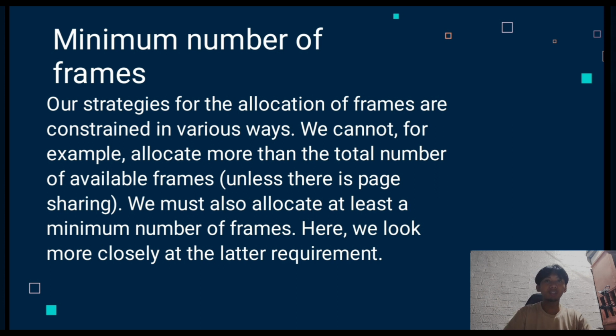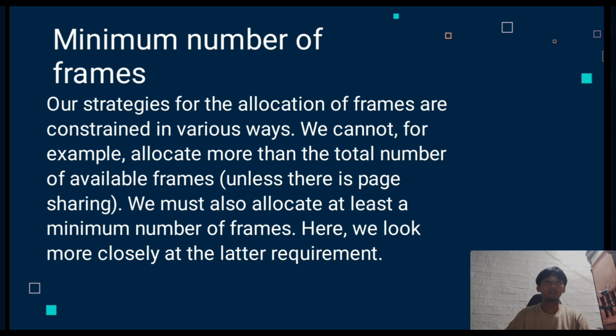One reason for allocating at least a minimum number of frames involves performance. Obviously, as the number of frames allocated to each process decreases, the page fault rate increases, slowing process execution. In addition, remember that when a page fault occurs before an executing instruction is complete, the instruction must be restarted.